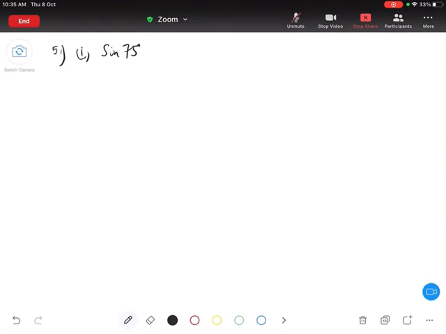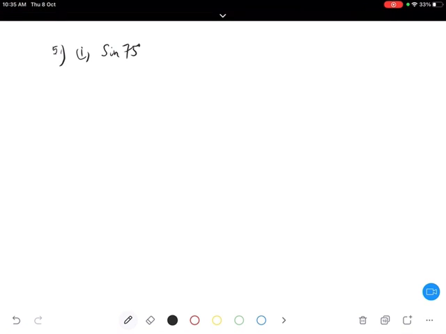So tell me this one, guys. How will I solve this one? Sine 75.